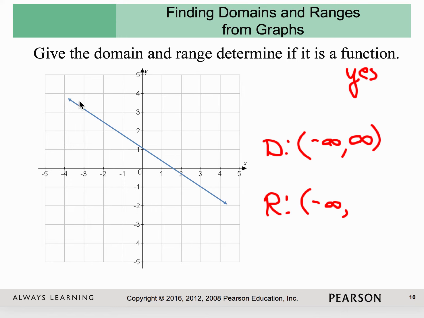There's another arrow, which means it's going up forever. So for this one, the domain and range are both negative infinity to infinity. Okay, so that's determining if a set of ordered pairs, or a graph that represents the ordered pairs, is a function or not, and then their domain and range.